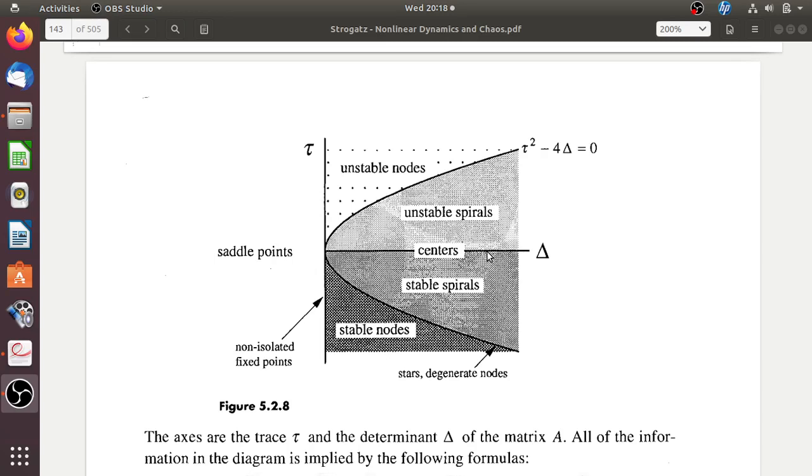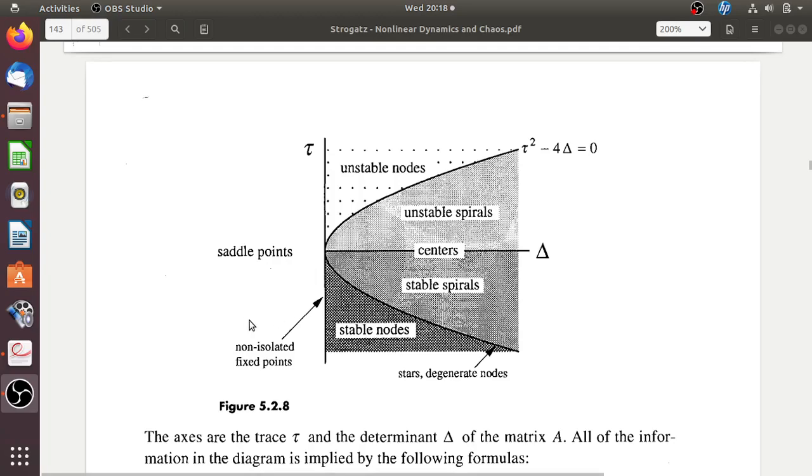If the trace is 0, meaning the sum of the complex number and its conjugate gives 0, then it has only the imaginary part and there isn't any real part. For that case, we know it is a center. So the trace and determinant of systems which fall on this line are centers.